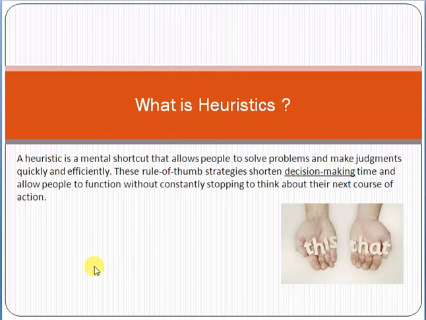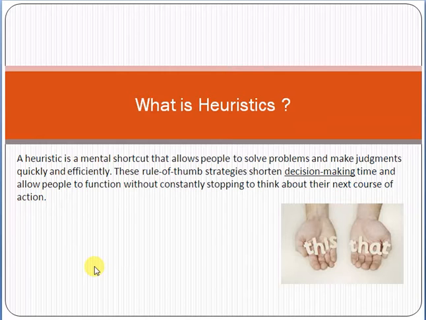Friend, see, in general, what is heuristics? Basically, whenever we have to go somewhere, for example, you have to go to meet your relatives at some location, and you have to take some decision, like whether you will go by car, by motorcycle, or by bus.